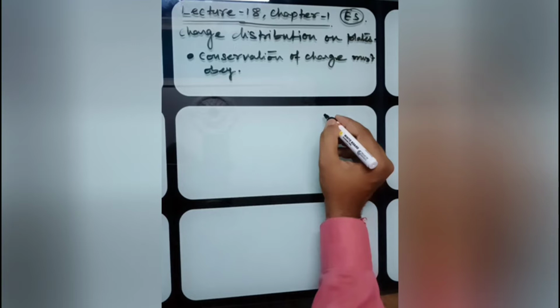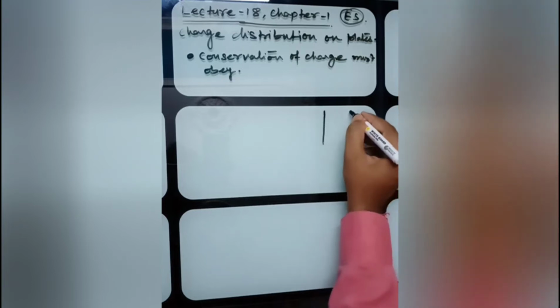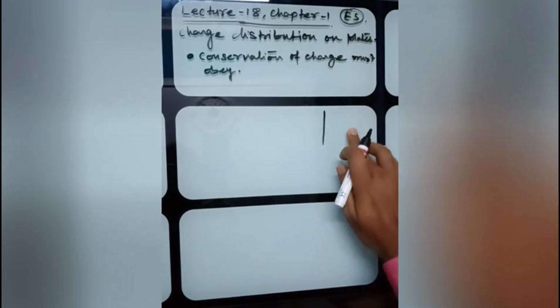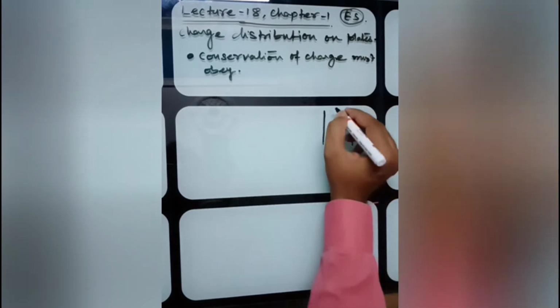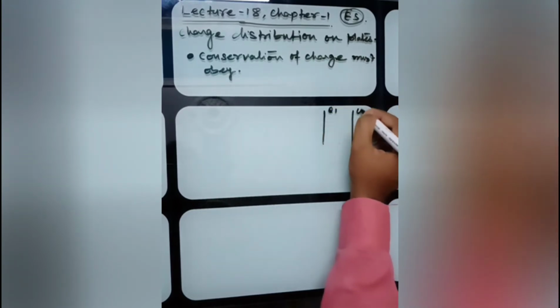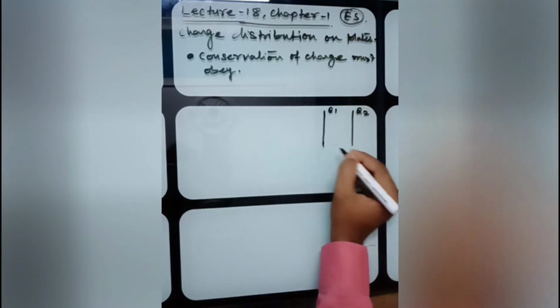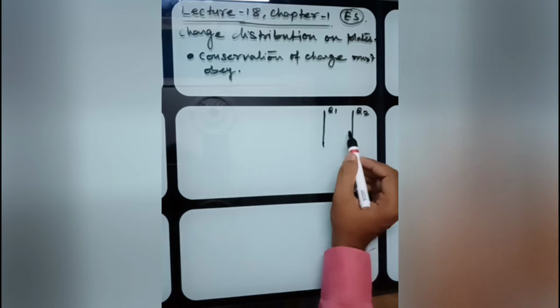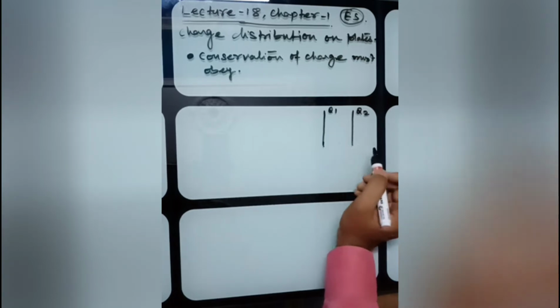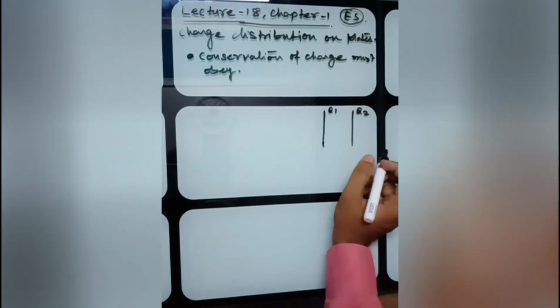Suppose this is the plate of charge Q1 and Q2. You have to show the distribution of charge on both the faces, on plate 1 and plate 2. On both the faces you have to show the charge distribution.